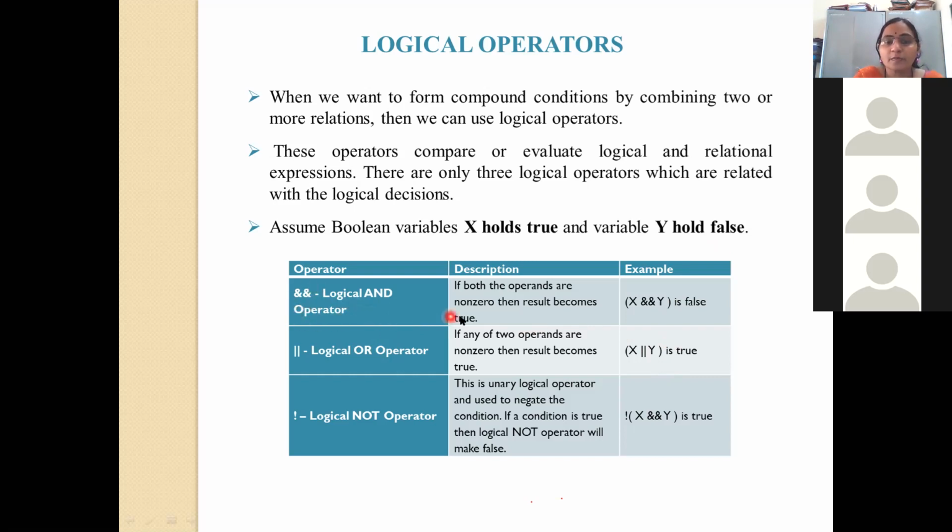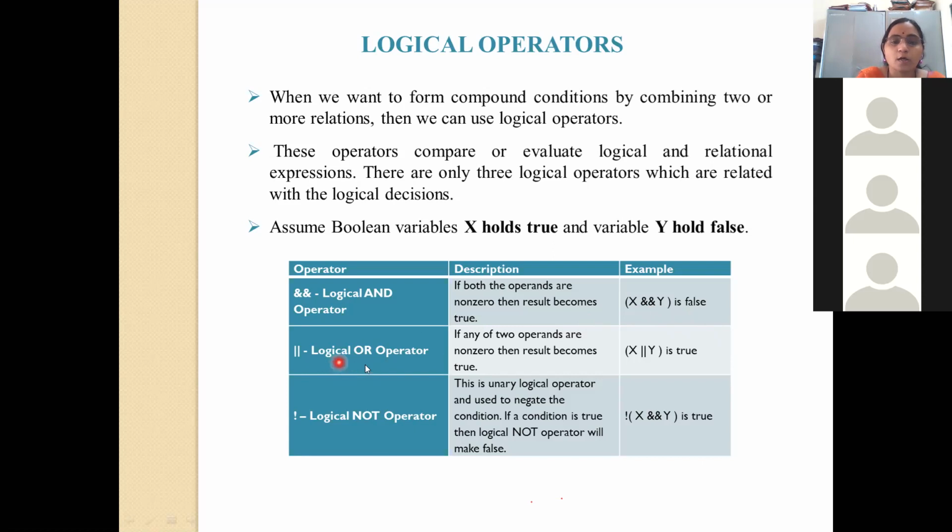What is the purpose of the logical AND? If both the operands are non-zero, then the result becomes true. In the next slide, I will explain in detail. You just remember here the operator symbol and the example. x AND y is false. x consists of the value true and y consists of the value false. So true AND false is false.